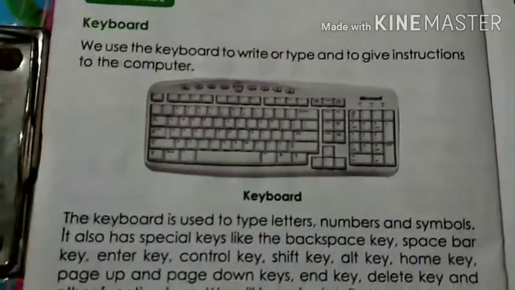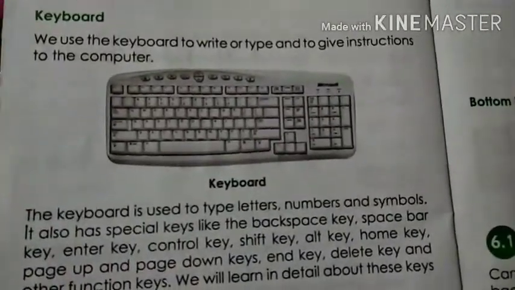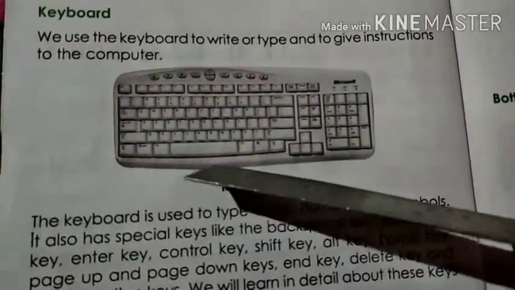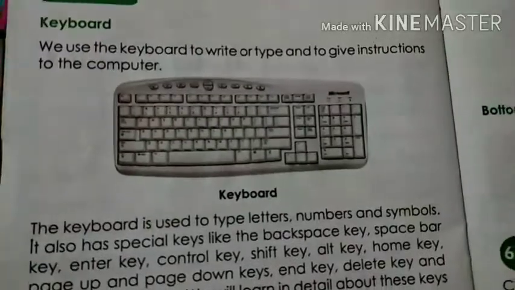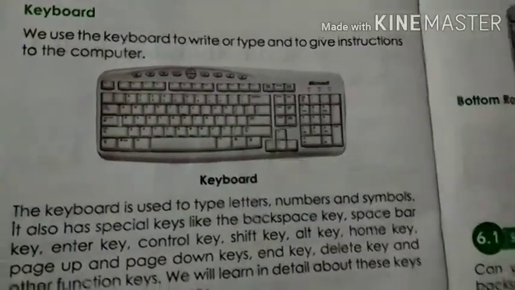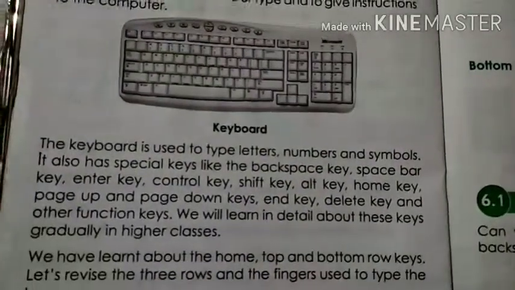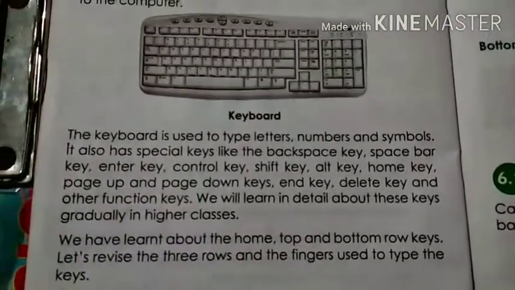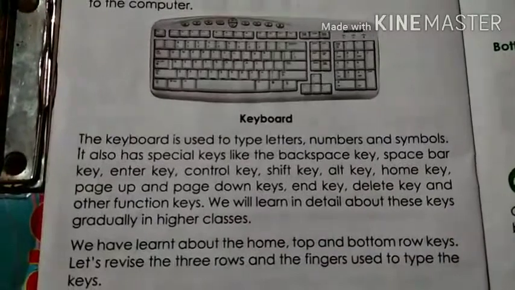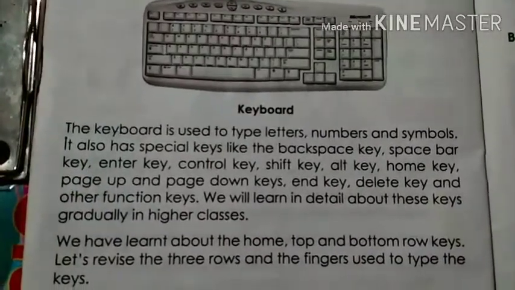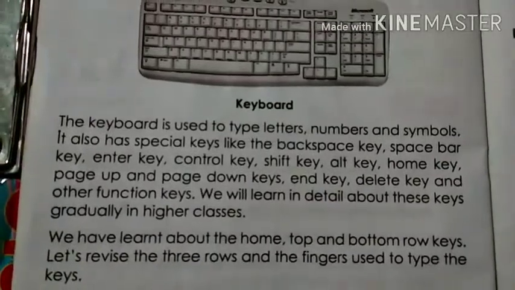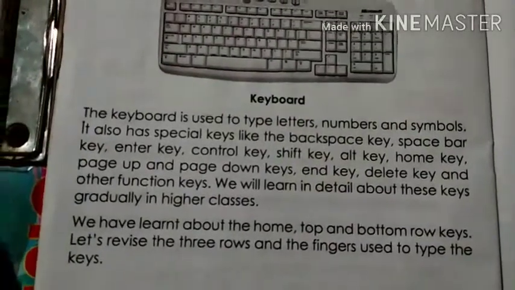You can see here they have shown us a keyboard which comes in a rectangular shape with small buttons. The keyboard is used to type letters, numbers and symbols. So with the help of the keyboard you can type letters by using alphabetic keys. Next you can type numbers by using numeric keys, and you can type symbols as well.